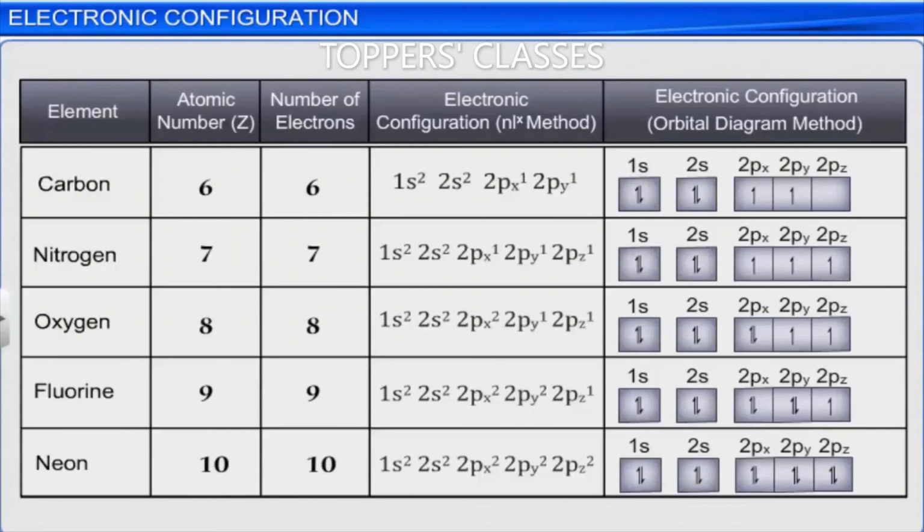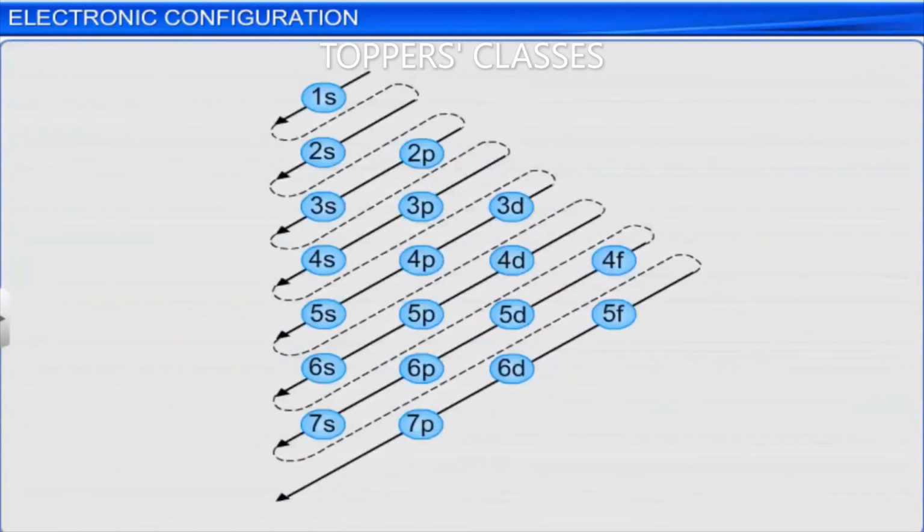They successively occupy the 3 2p orbitals, that is 2px, 2py, 2pz, in accordance with Hund's rule. The pairing of 2p subshell starts with oxygen and completes with neon. The electronic configurations of other elements are written in the same way. After filling the 2p orbitals, the electrons fill the 3s and then the 3p orbitals.